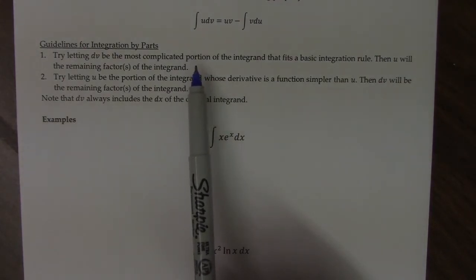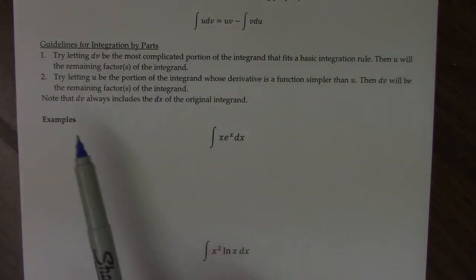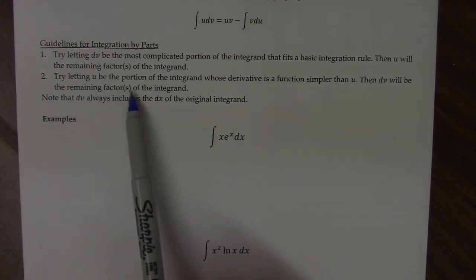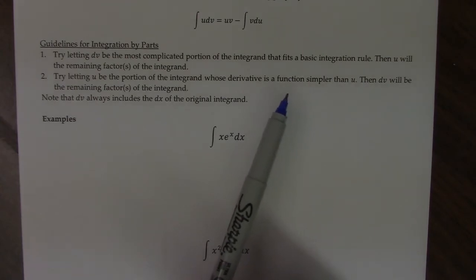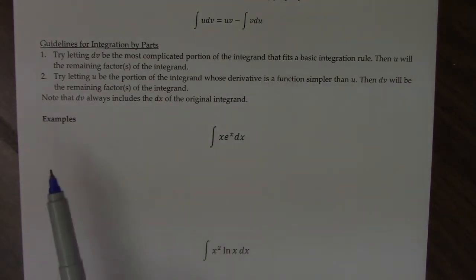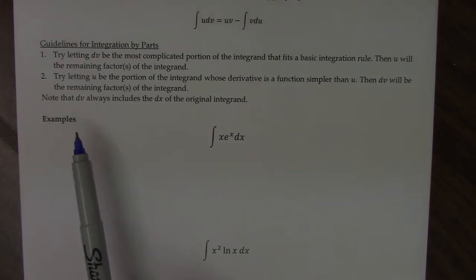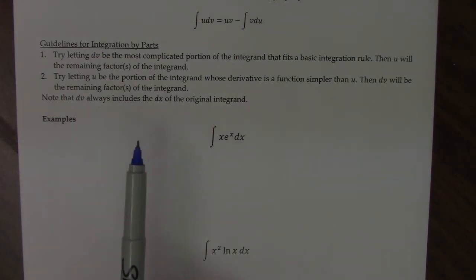If it's something you can't anti-differentiate, then try option 2. Let u be the portion of the integrand whose derivative is simpler than u. We can pretty much take the derivative of just about anything we want, but it's a lot harder to anti-differentiate some of these functions. So always note that dv will include dx of the original integrand.